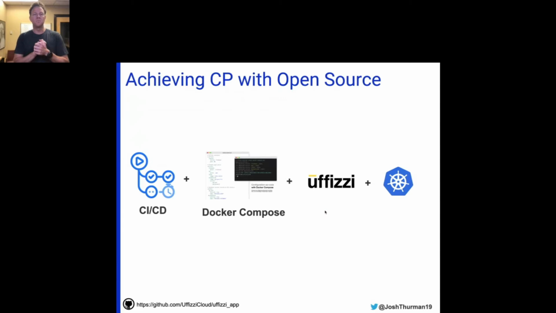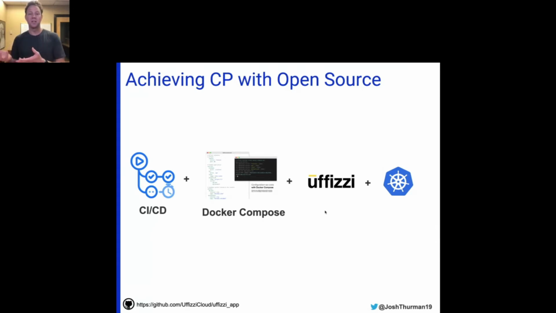All right, so how can we achieve continuous previews with open source? Let's get to the sexier part of this talk. We'll get into the live demo. So what I'm showing here is you can use any CI/CD system. You're going to need to define your application in Docker Compose. You need Ufeezy installed on your Kubernetes cluster.